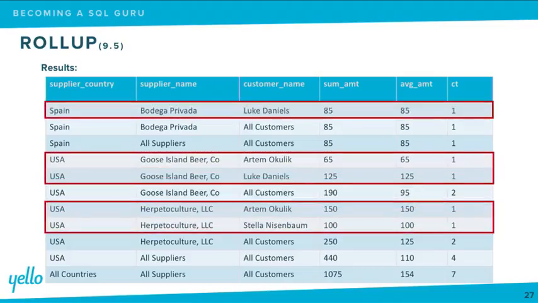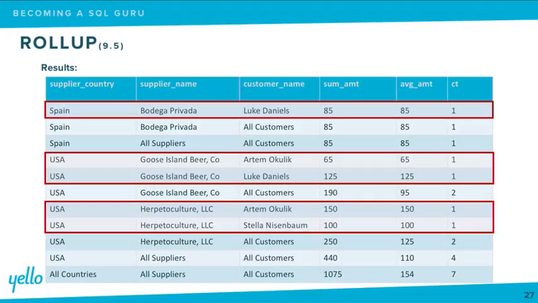so over here, you can see that it grouped in a particular way. So what it'll do is it'll just group in a different order. It'll group in whatever way you defined. So for example, if I had said supplier country, then customer name, and then supplier name in my hierarchy definition, then the most granular level would look the same.